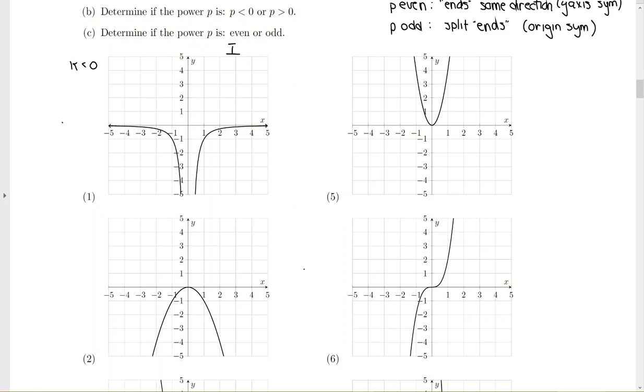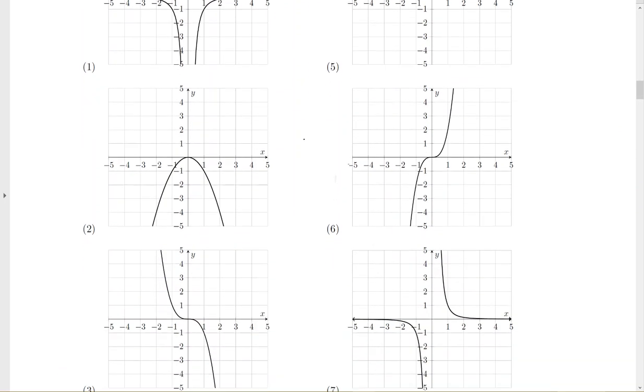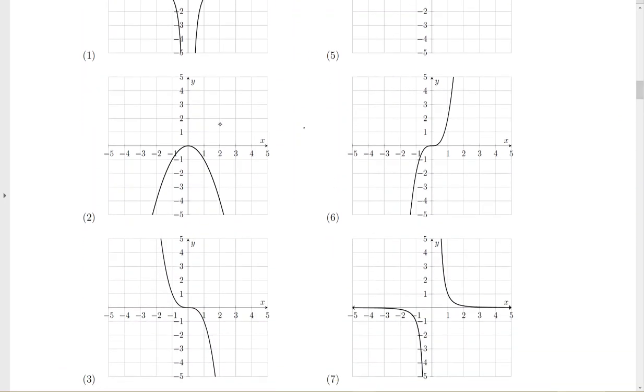So let's go through all of these. For this one, I do have a picture in quadrant 1, so that means my k is greater than 0. Coming down here, no picture in quadrant 1, k less than 0. I do have a part of my graph up here, so k greater than 0.